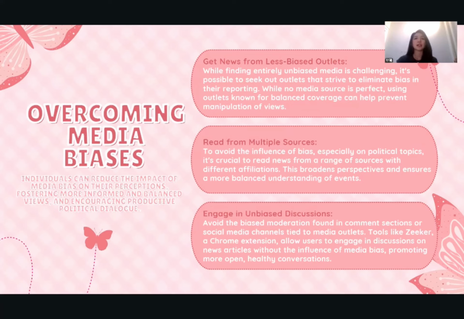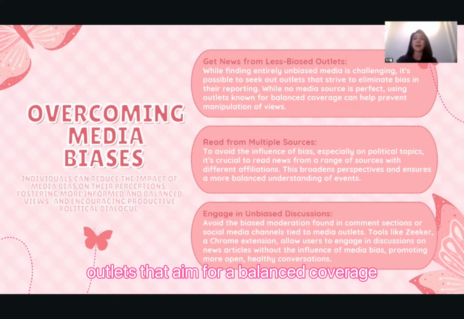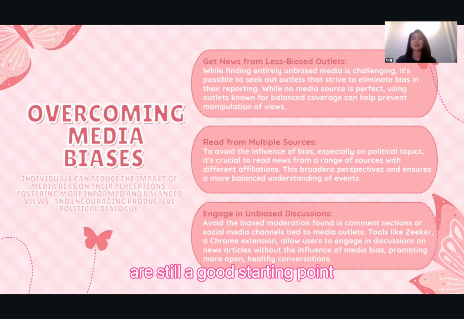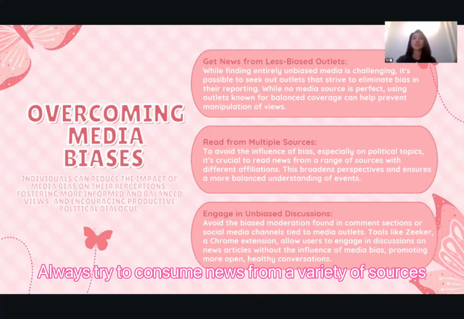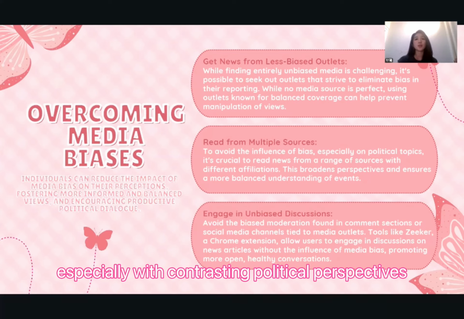First, get news from less biased outlets. While it's challenging to find completely unbiased media, outlets that aim for balanced coverage are still a good starting point. Second, read from multiple sources. Always try to consume news from a variety of sources, especially with contrasting political perspectives.